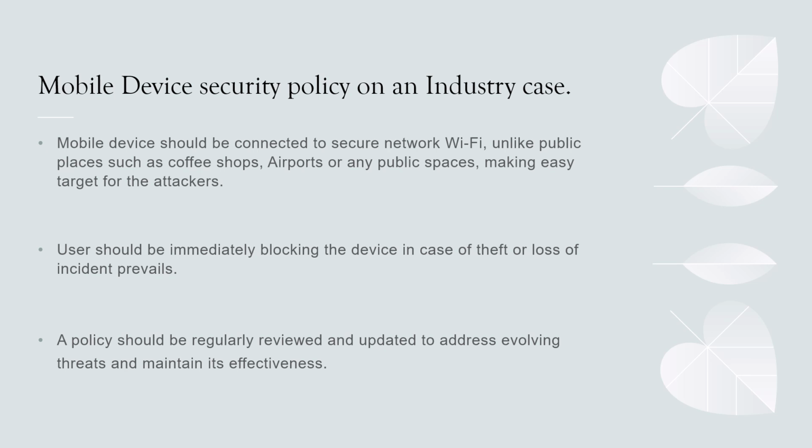Another aspect: mobile devices should always be connected to secure networks, unlike public platforms such as libraries, airports, public spaces, and coffee shops, which might be easy targets for attackers. They should keep in mind that they aren't exposed to those places.